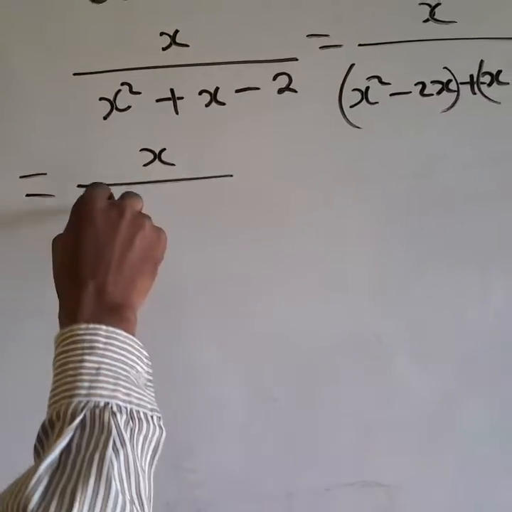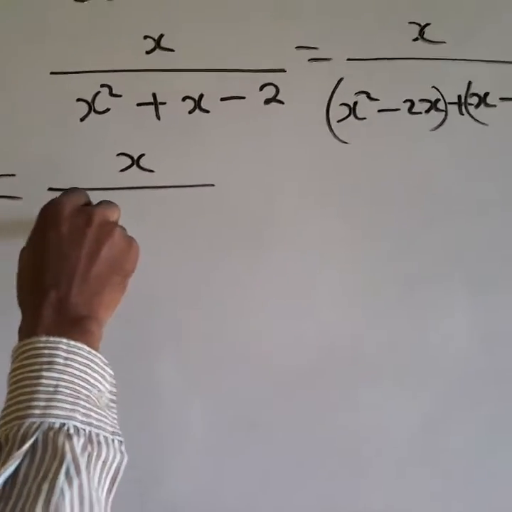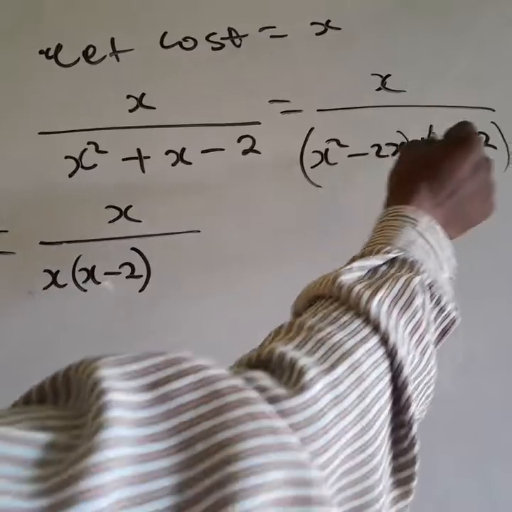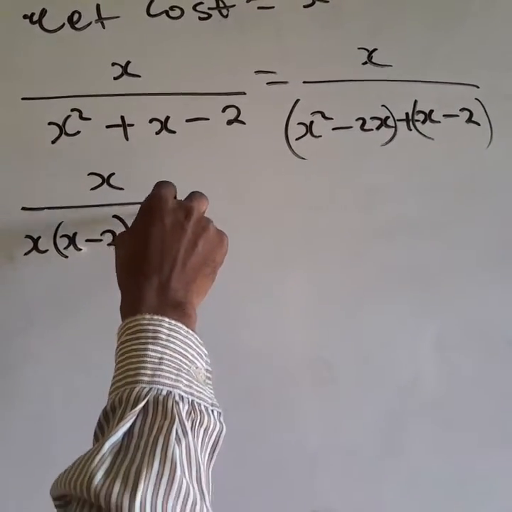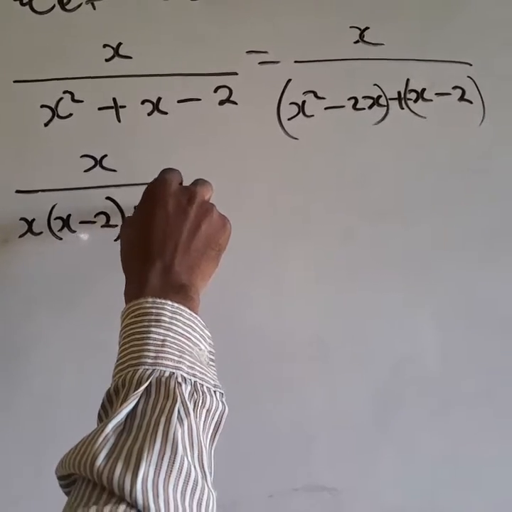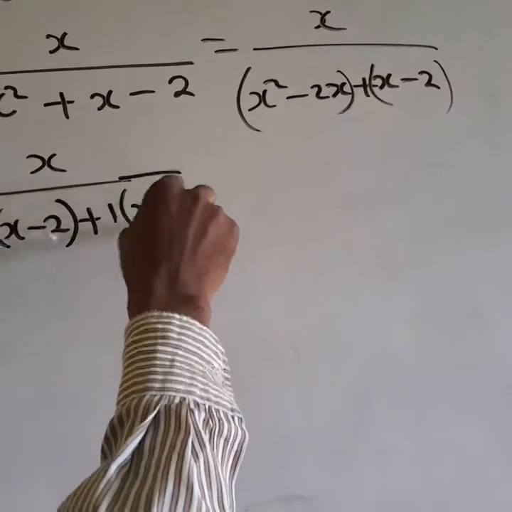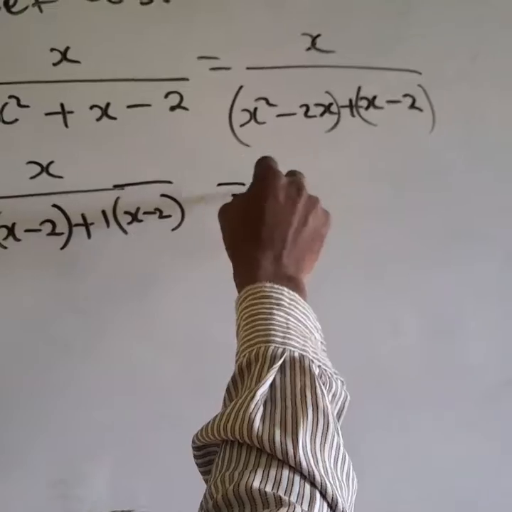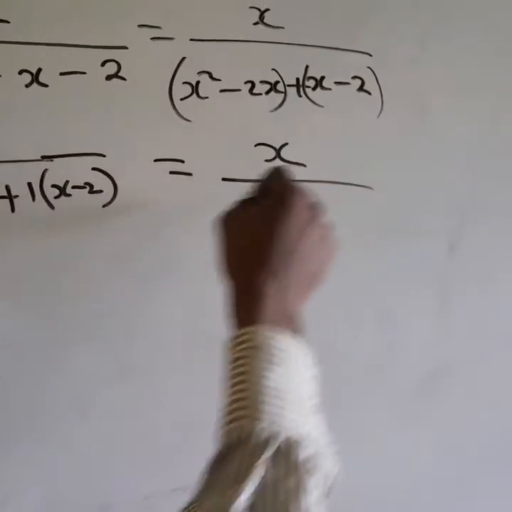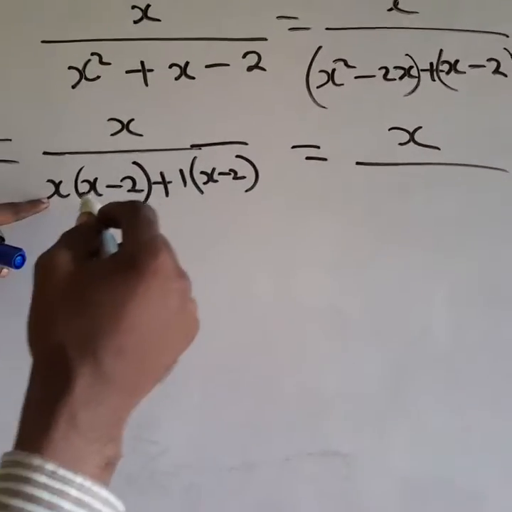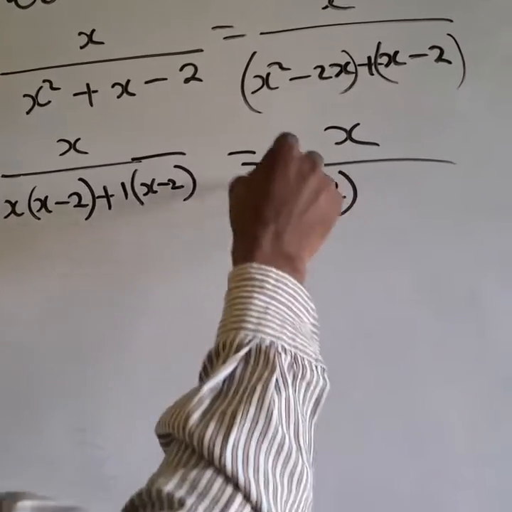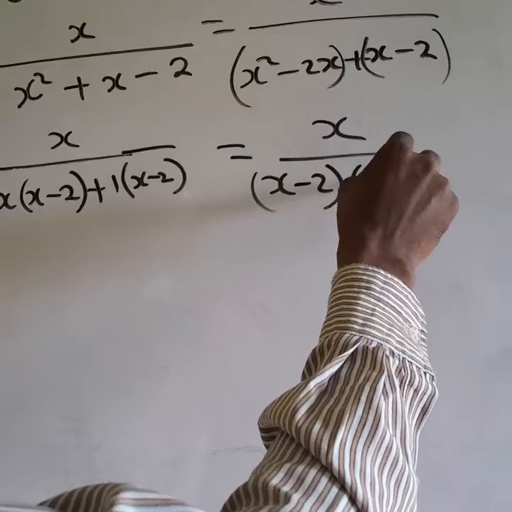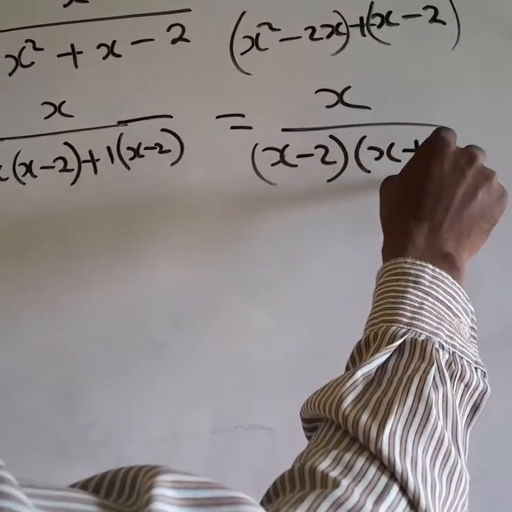What is common here? x is common. We have x minus 2. What is common here? 1 is common to the two of them. So here will now be x minus 2, which is equal to x, you pick one of the x, you have x minus 2 and x plus 1.